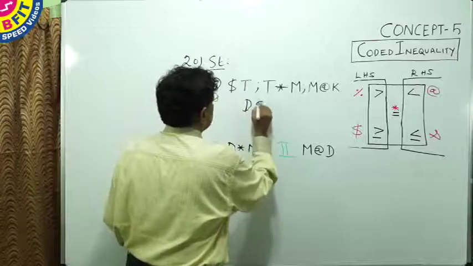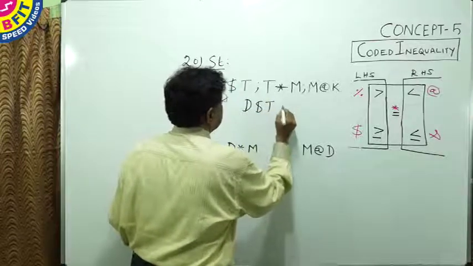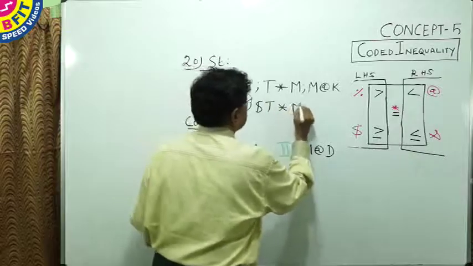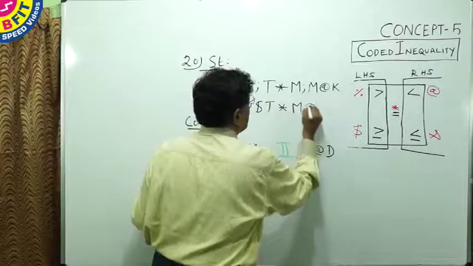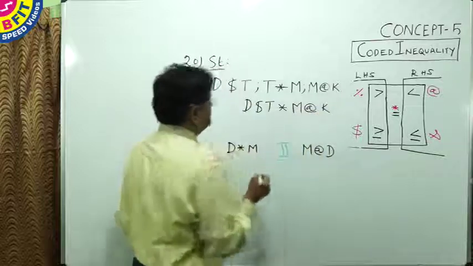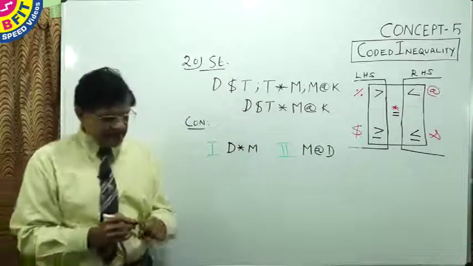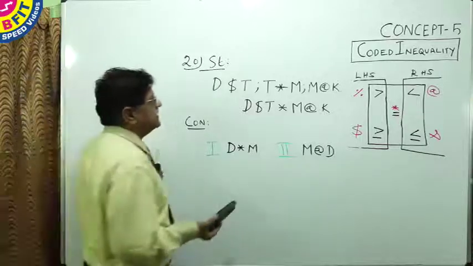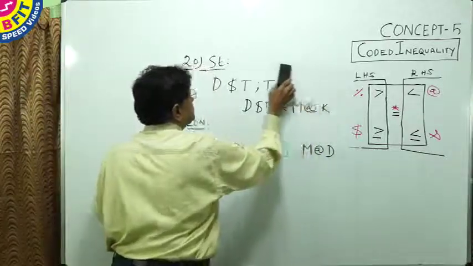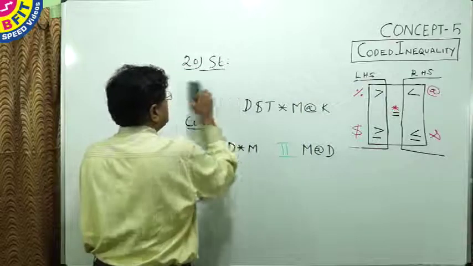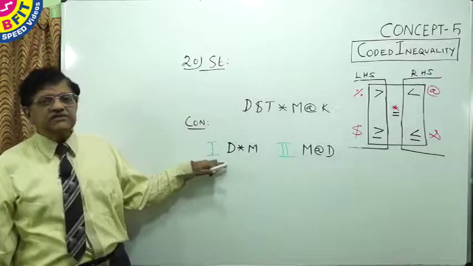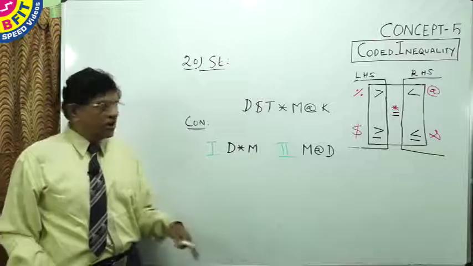D $ T, star M, at the rate of K. This is the combined single statement. Therefore, we can now erase the old statement. From this statement, we have to verify whether these 2 conclusions are true.